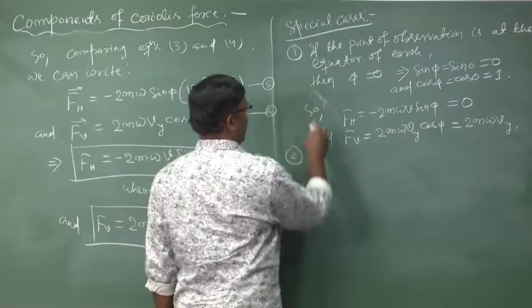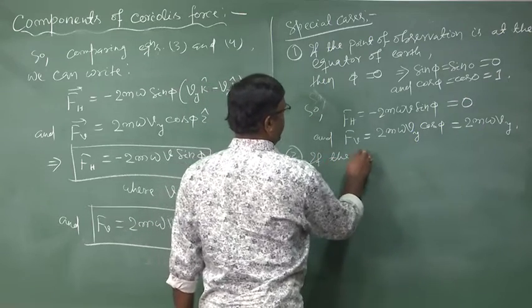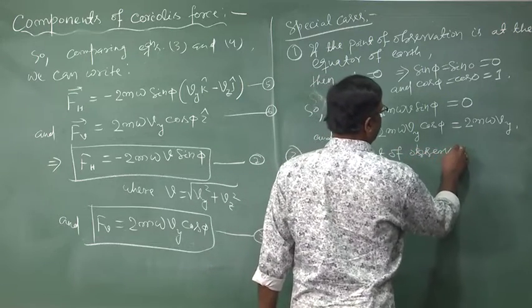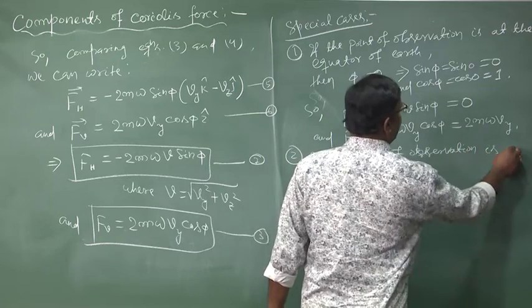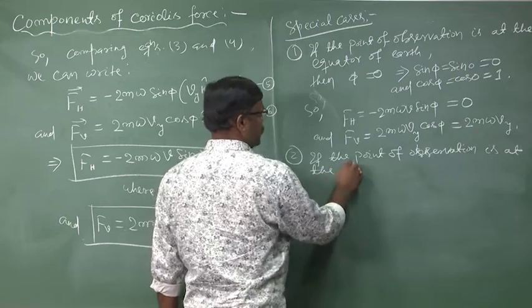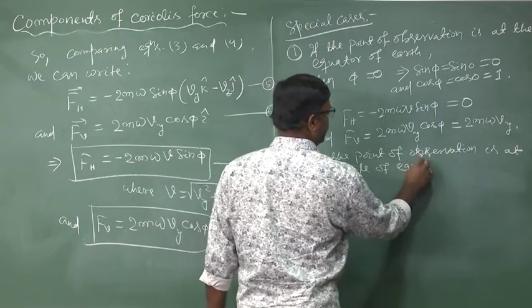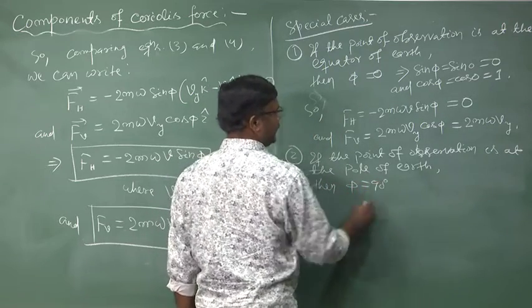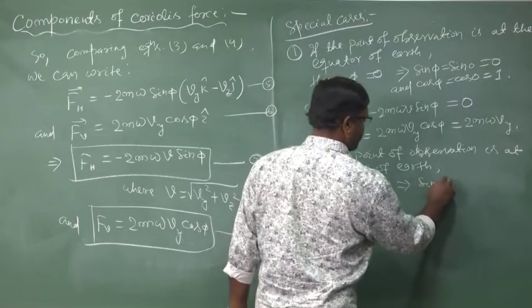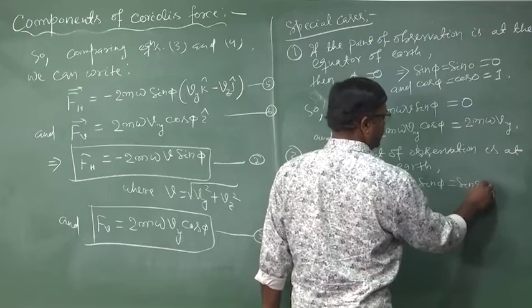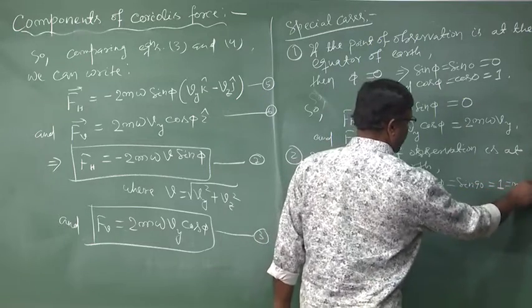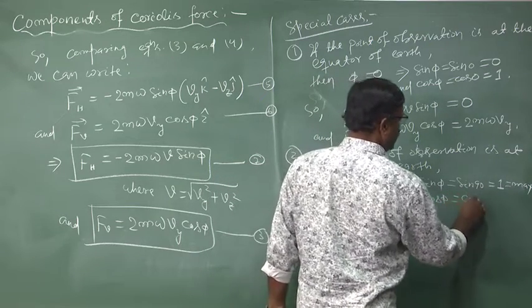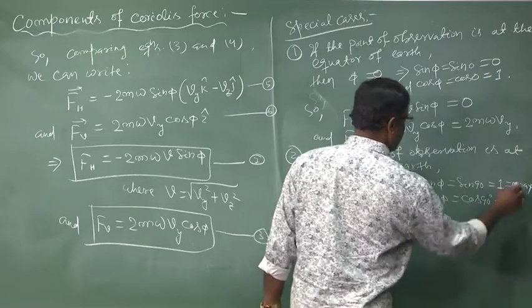Number 2, if the point of observation is at the pole of earth, then phi is equal to 90 degrees, which implies sin phi is equal to sin 90 is equal to 1, which is maximum, and cos phi is equal to cos 90 equal to 0.